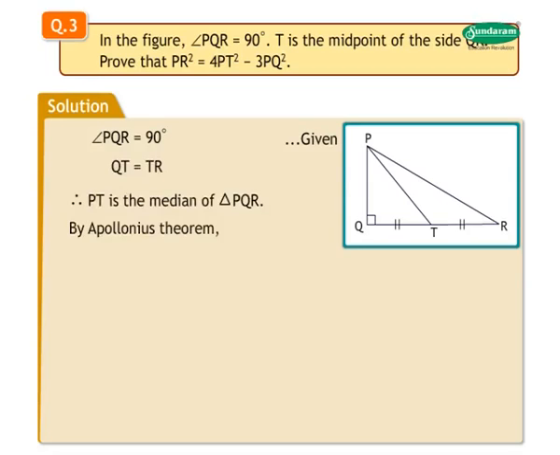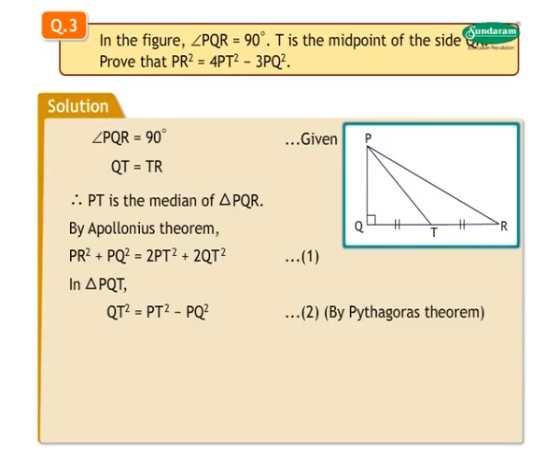By Apollonius Theorem, we get PR square plus PQ square is equal to 2PT square plus 2QT square. Assume this as equation 1. In triangle PQT, QT square is equal to PT square minus PQ square by Pythagoras theorem. Assume this as equation 2.